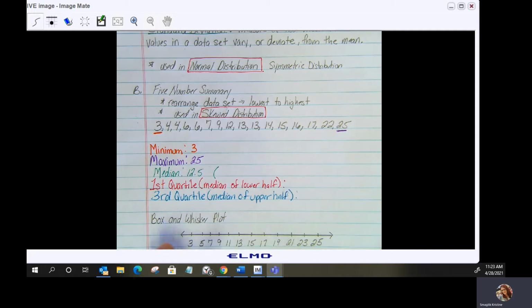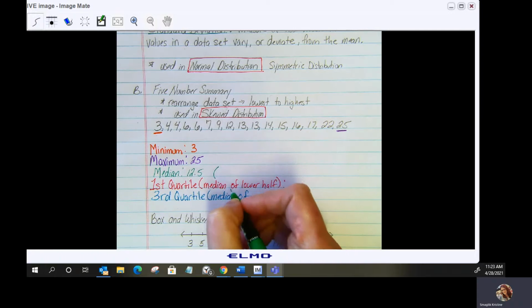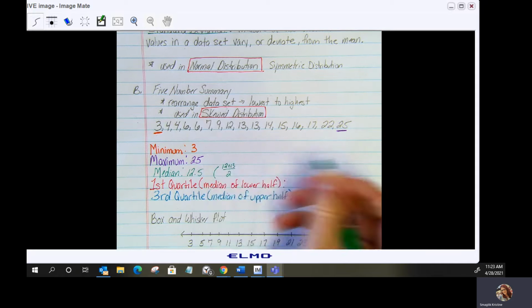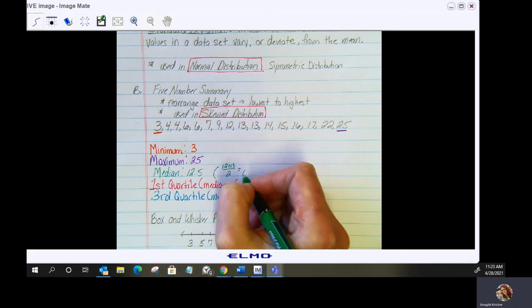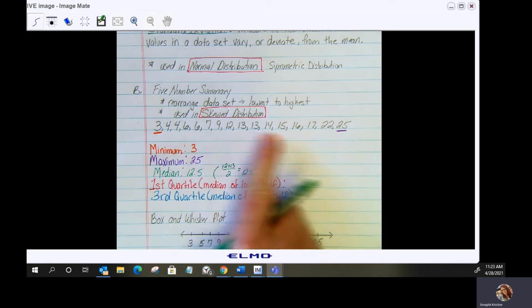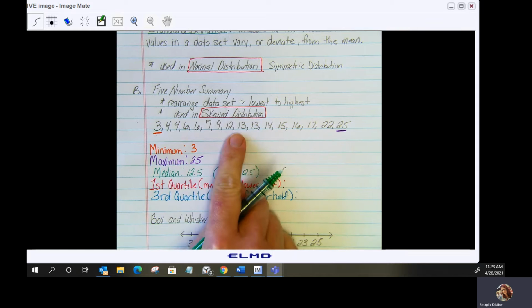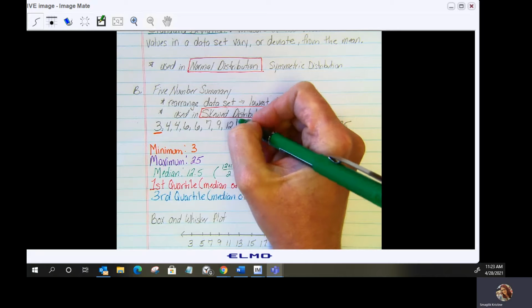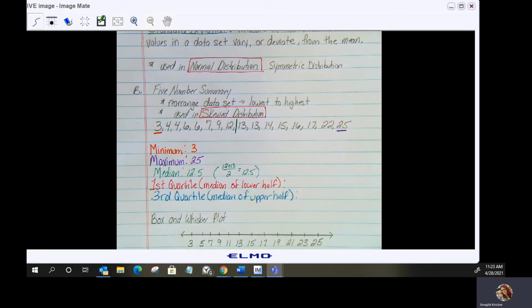So what you would do is take the two data values, in our instance 12 and 13, add them and divide by 2, and you would get your median. That is the procedure you would take, and this only happens when you're on an even numbered data set. If this were an odd numbered data set, your data value will be right in the middle, and we will see some examples of that as we go. So my median is right in here.